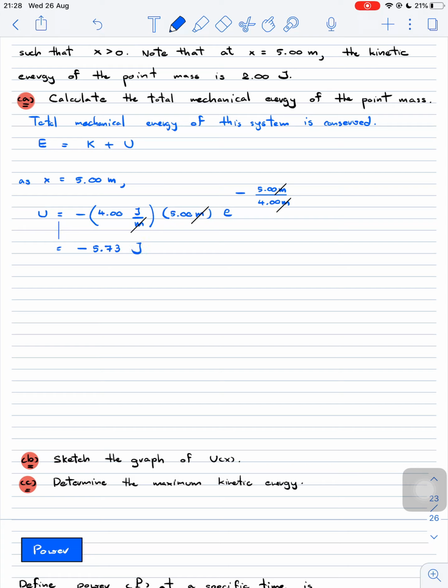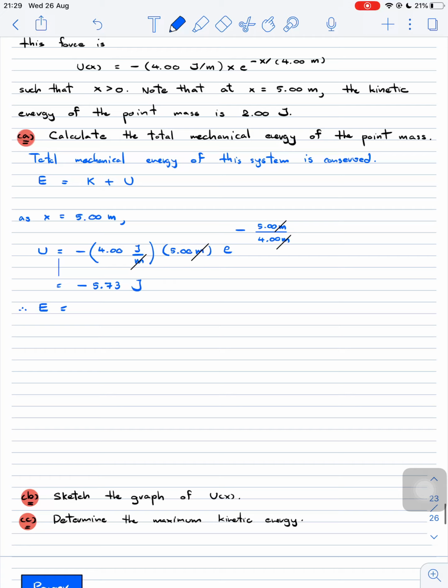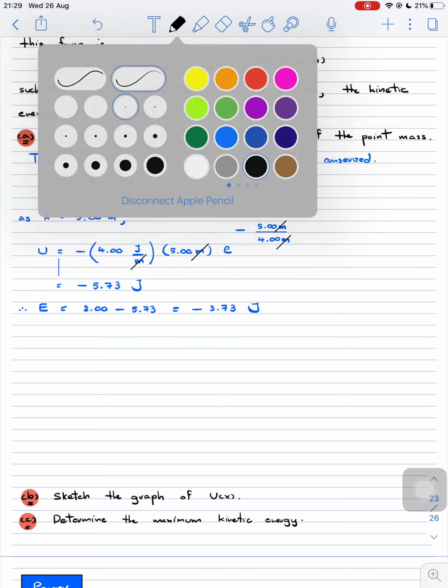So that's going to be U. Then finally we can get the total energy: E equals the kinetic energy, 2.00, minus 5.73, which is equal to negative 3.73 joules.